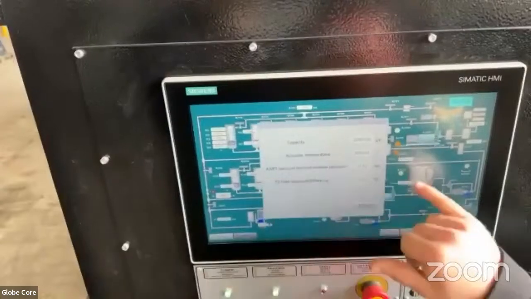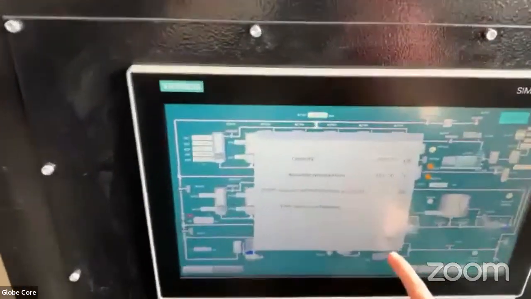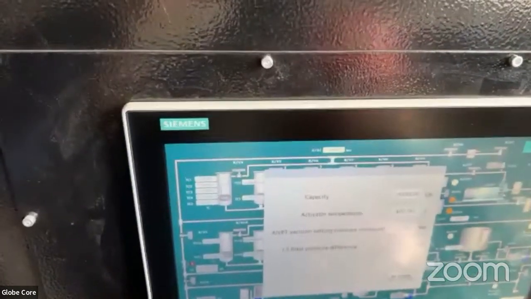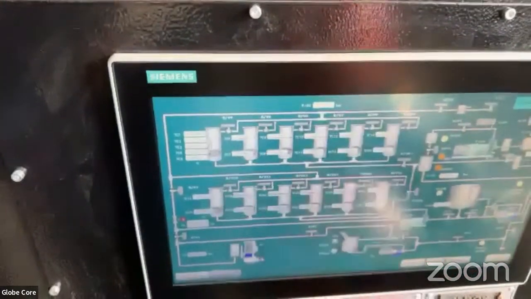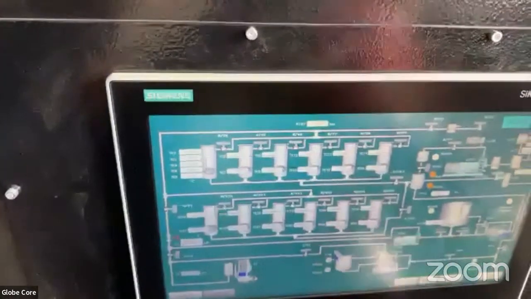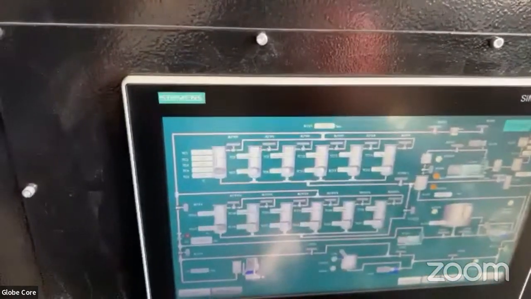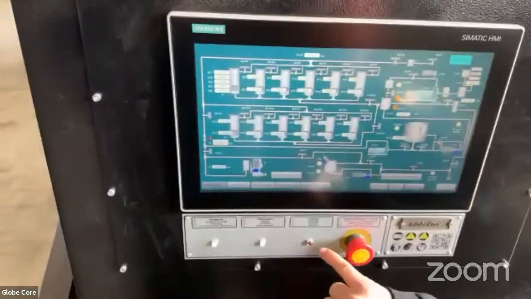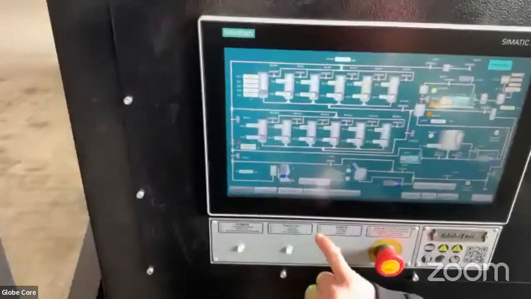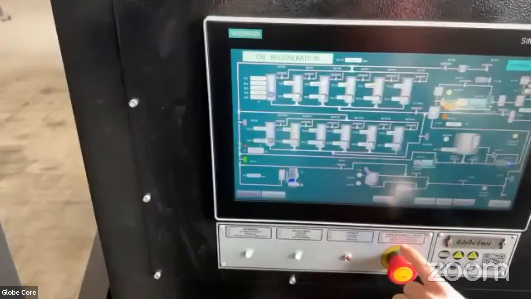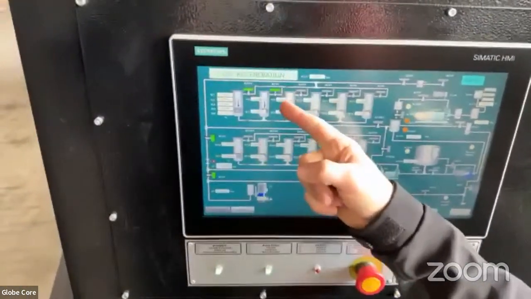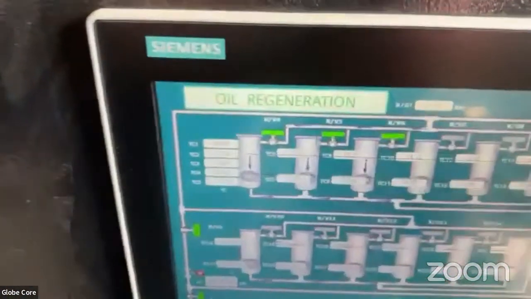So with this setting, you can actually control the speed of the reactivation process, the speed of the burning process. Now I'm going to start the regeneration process again. You can see valves opening.